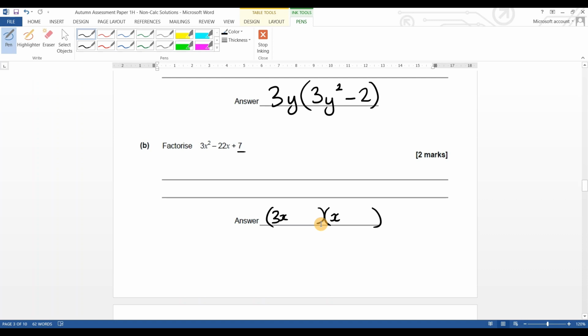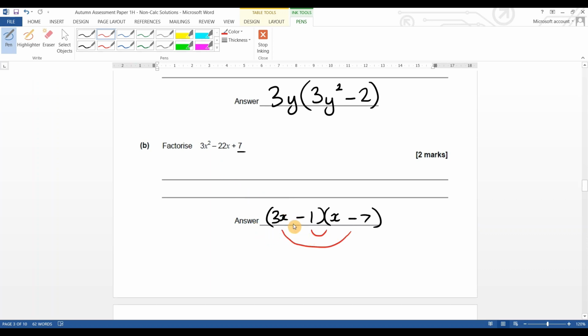Right, so let's say I put a 1 here and a 7 here, and it's positive 7. So they could either be both positive or both negative. I think they're both going to be negative because I've got a negative 22 here. Let's see what happens when I do this. If I expand this, that gives me minus x, these two together. Yeah, that gives me minus x. And then these two together, it's going to give me minus 21x.